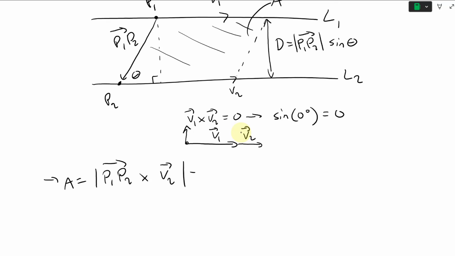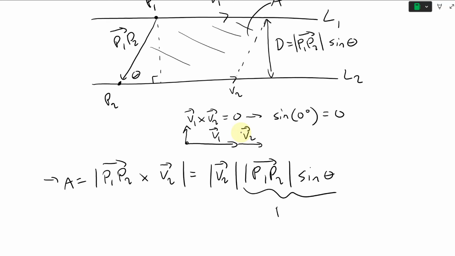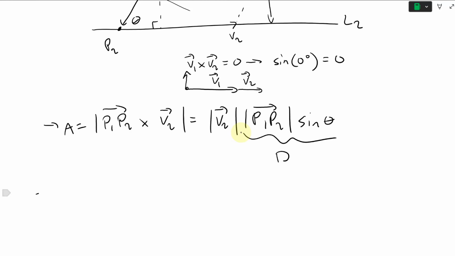This cross product equals, we'll put V2 in front, the length of V2 times the length of P1P2, times sine theta. And this is again our distance, so we can rearrange it. So distance is going to equal, and then move this over.